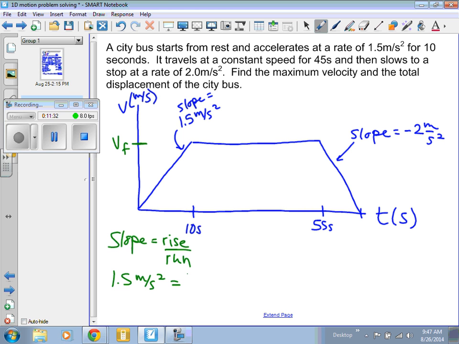Our rise is what we're looking for. We're looking for that V final, and our run is 10 seconds. So we can just solve for V final there, and we see V final is equal to 1.5 meters per second squared times 10 seconds. So that gives us 15 meters per second. And that's the same thing we got before. So we know that this is 15.